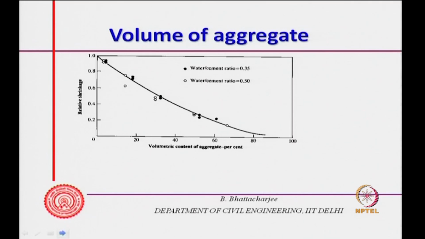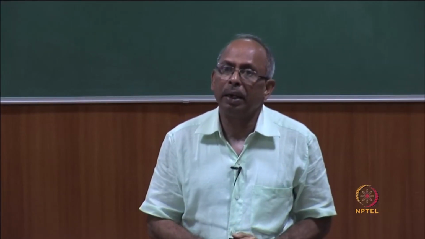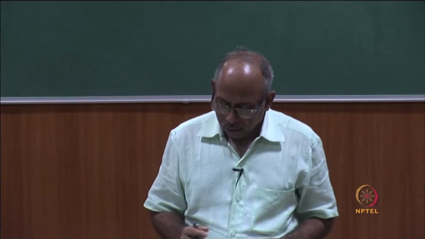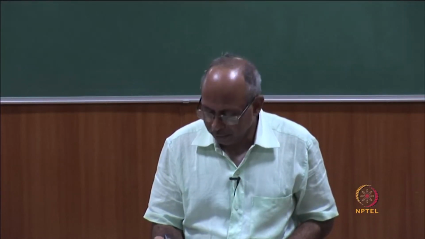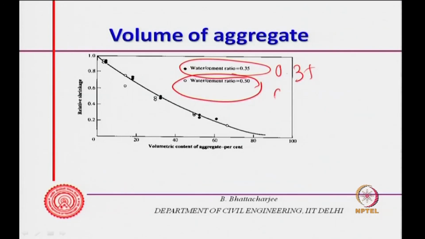Volume of aggregate, that is quantity. Obviously now this is very clear, because it is the paste which shrinks, aggregate does not. This is shown for two different water cement ratios, 0.35 and 0.50, somewhat less, but you see the volumetric content of aggregate in percent. 100% aggregate obviously is not the situation; this is 0% aggregate.